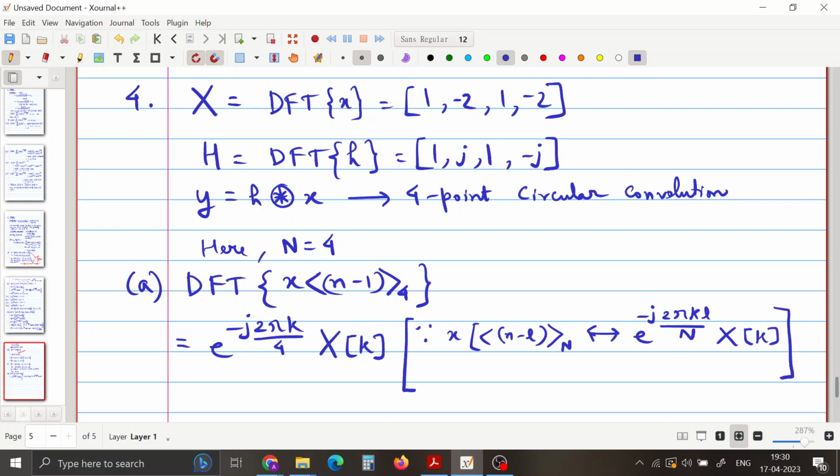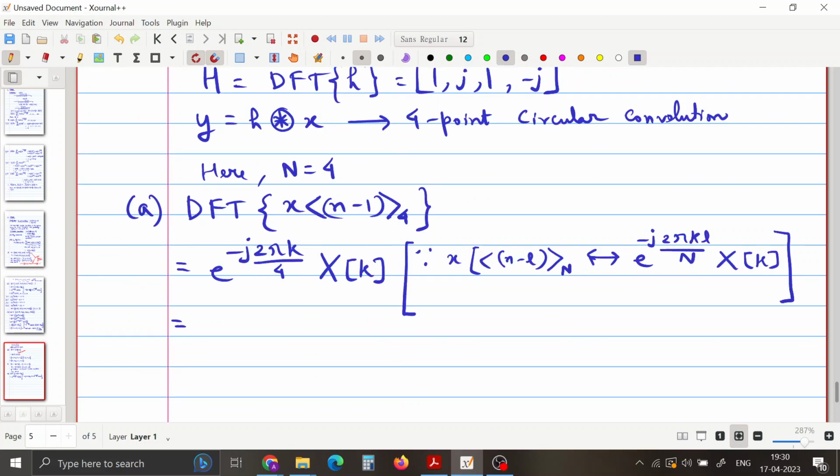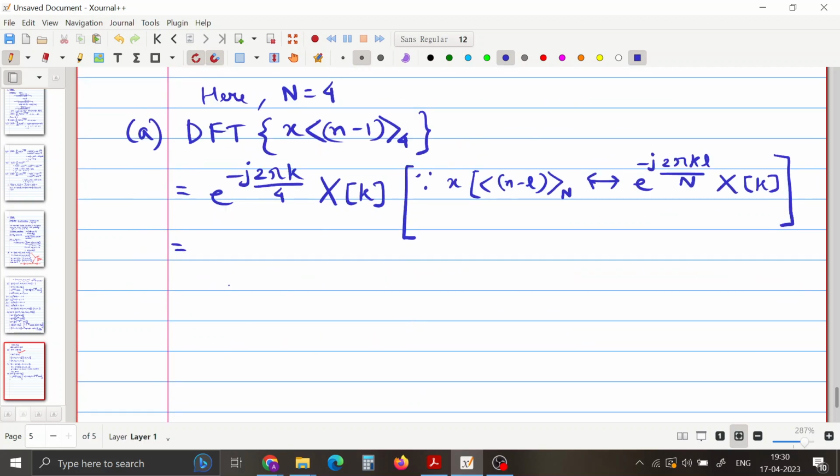So this was the property, which we have used here, and this e power minus j 2 pi by 4 is minus j, and that has to be raised to the power k. So this is simply this. And now here k runs from 0 to capital N minus 1. So capital N is 4, so k runs from 0 to 3.